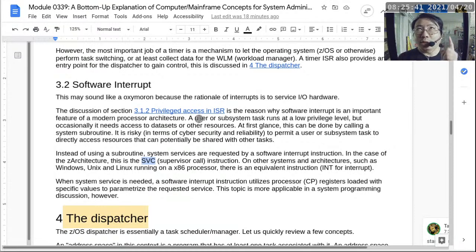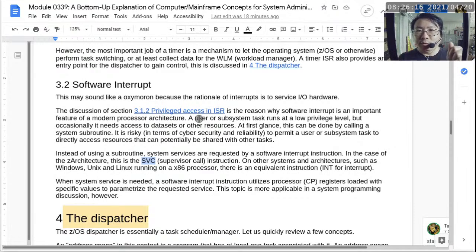Okay, so that means if a user job needs to read the next portion of a data set, it cannot actually go to the DASD and say, hey, give me the next portion of this data set. What is it going to do? Well, that's why we have the operating system. The operating system provides the service. So the user job basically requests a service from the operating system and says, hey, I cannot do this, but I know you can.